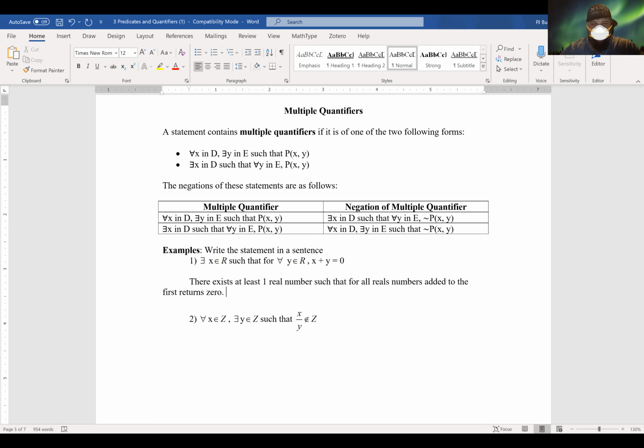You could specifically say there exists at least one real number x such that for all real numbers y.